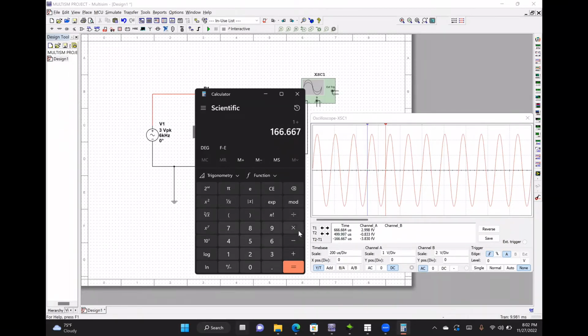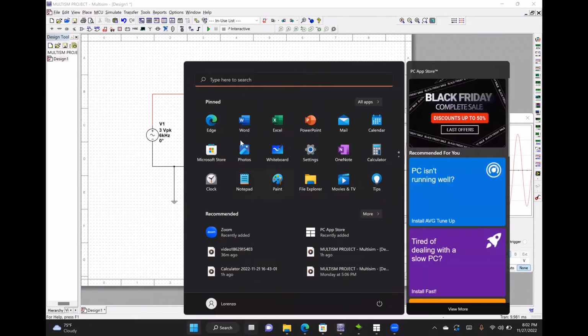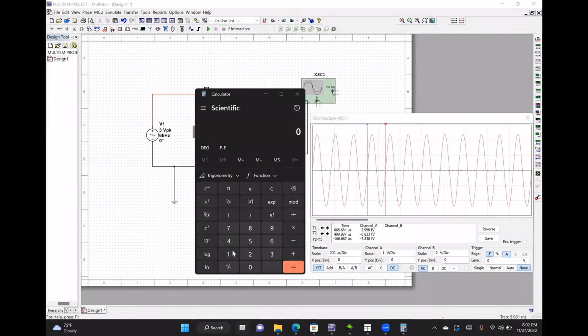And so I would want to multiply this by, let's do that again. Let's open it up one more time so I can use parentheses. We'll go 1 divided by parentheses 166.667 times 10.